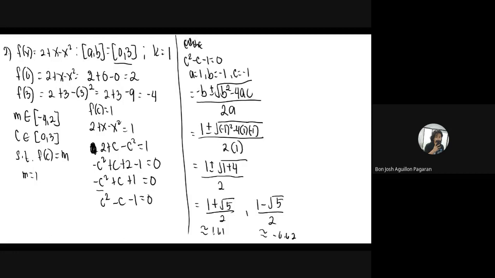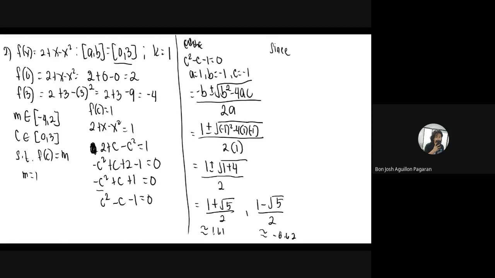So, which one is in between 0 and 3? Is it 1.61 or negative 0.62? 1.6. That's correct. So the conclusion would be, we are going to disregard 1 minus the square root of 5 over 2 because it is outside our closed interval a, b.